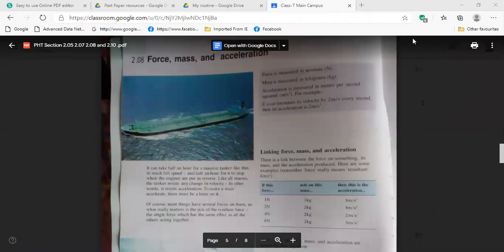Can you check, please? A force is a push or pull on an object by another object.